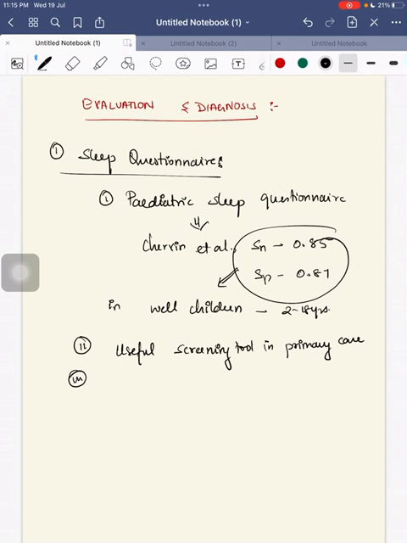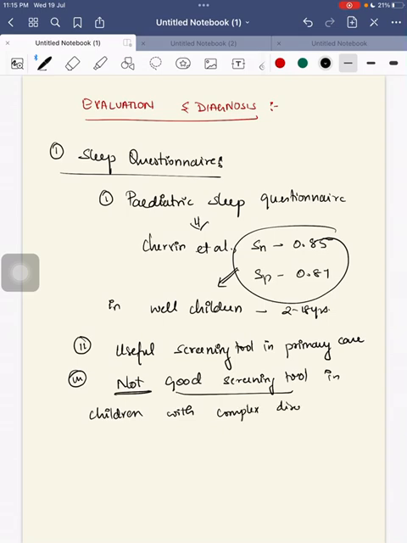Third, it is not a good screening tool in children with complex disorders.